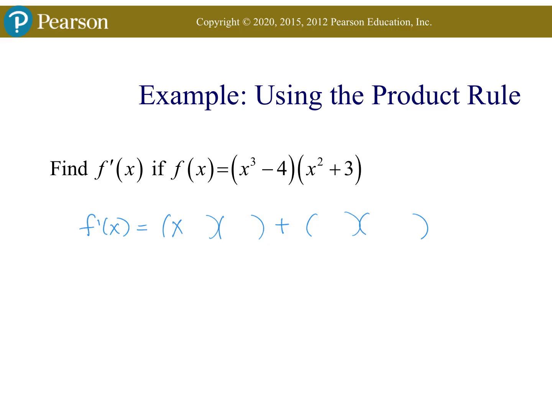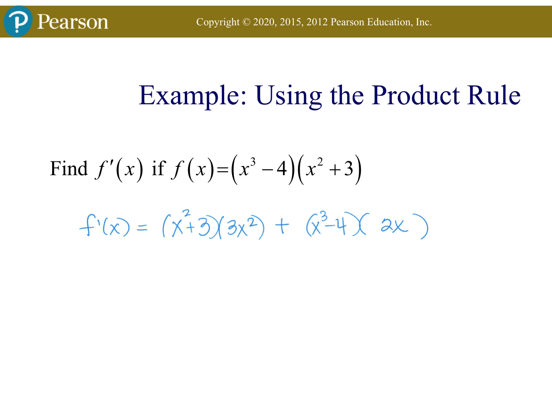And then we'll do the derivative of the first part, which according to the power rule is 3x squared. And then we do the reverse. We have x cubed minus 4. And then followed by the last derivative, which is just going to be 2x.